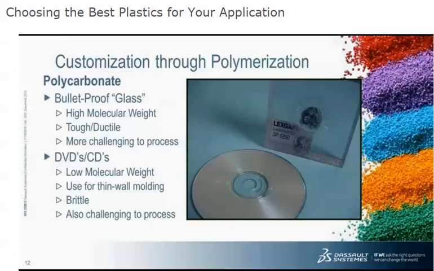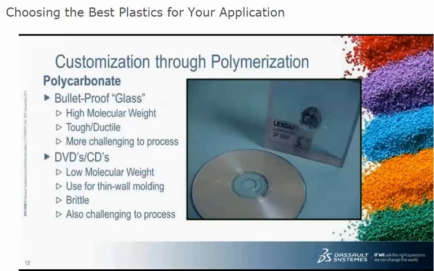During the manufacturing process, when a material supplier is making the polycarbonate, one of the properties they can control is the molecular weight. If they achieve a very high molecular weight, you can use that polycarbonate to make bulletproof glass. I have glass in quotes there because bulletproof glass is typically plastic. It's actually not glass at all, and it's typically very high molecular weight polycarbonate.